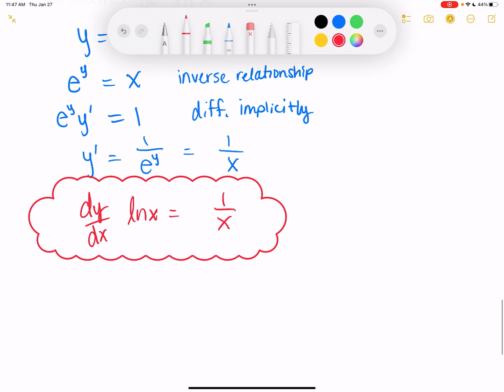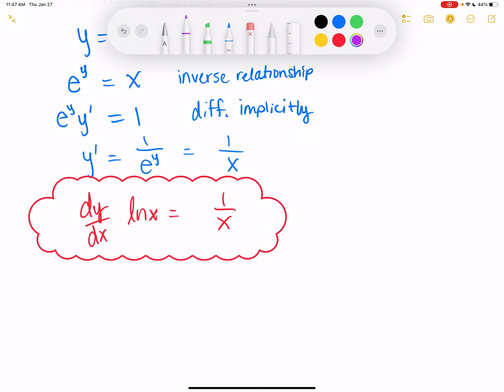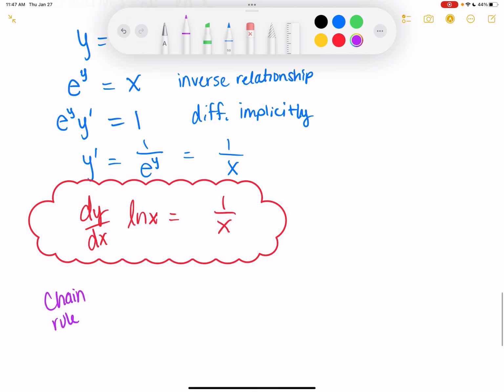And then the chain rule version of this. This is just proving it. You don't necessarily have to know this. It's just their thing.